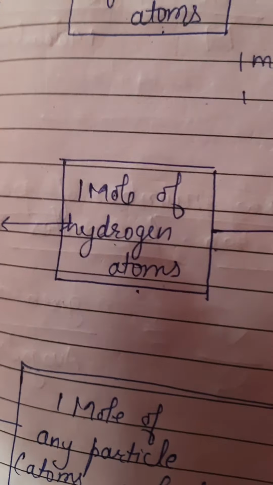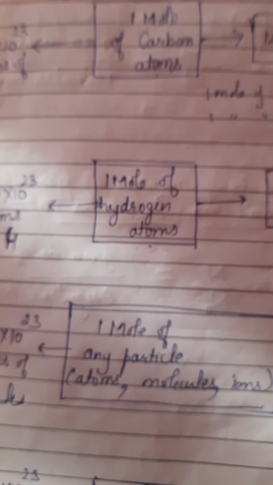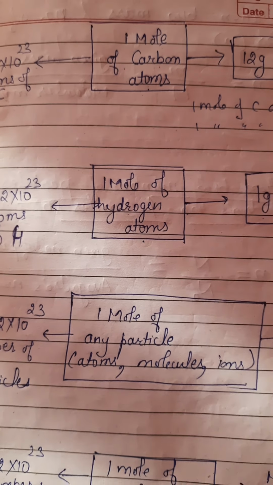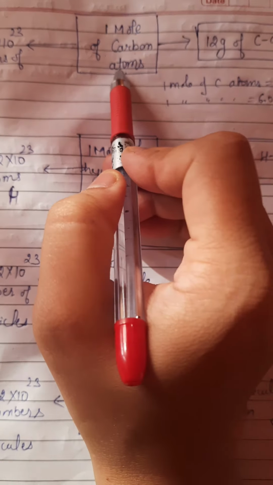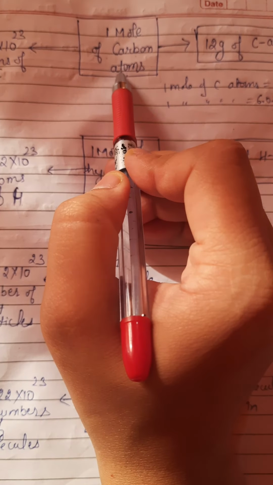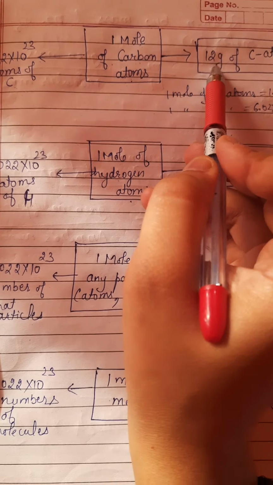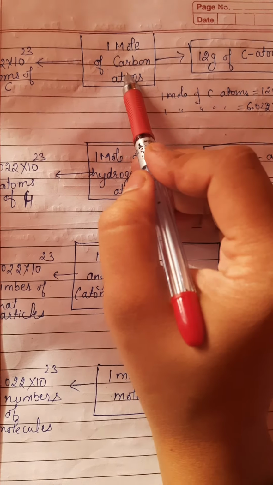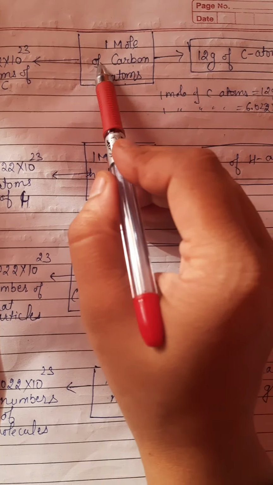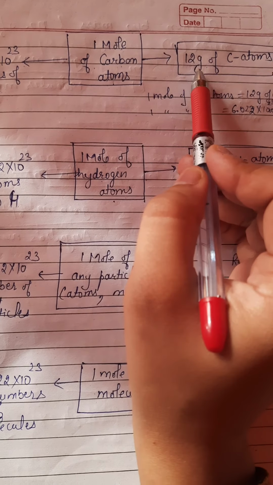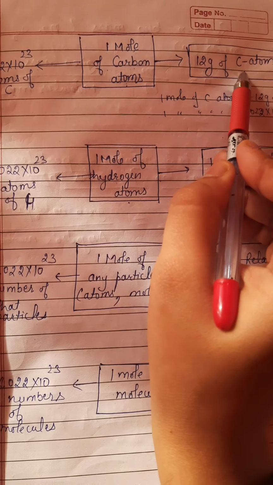Now see, when I am asking 1 mole of carbon atoms is equal to how many grams, then we will take the atomic mass of carbon. It is 12 gram of carbon. It means 1 mole of carbon atoms is equal to 12 gram of carbon atoms.